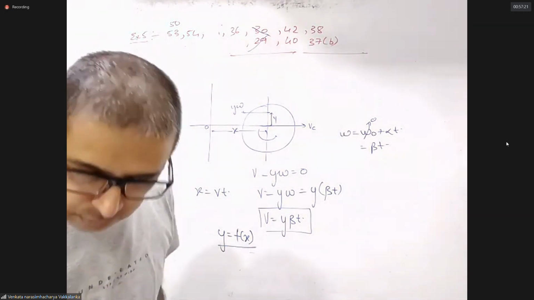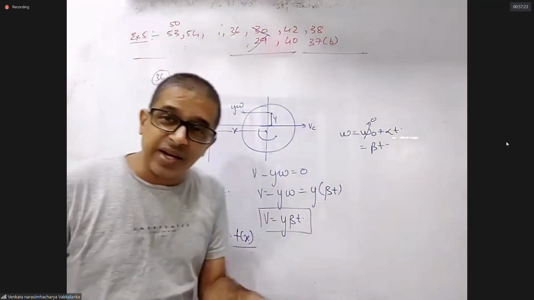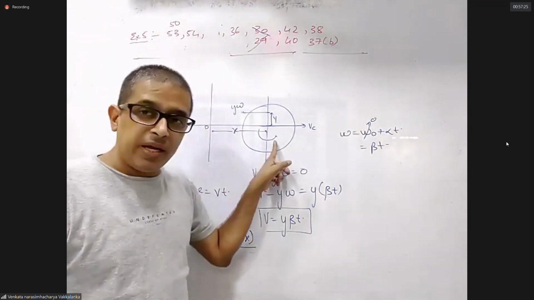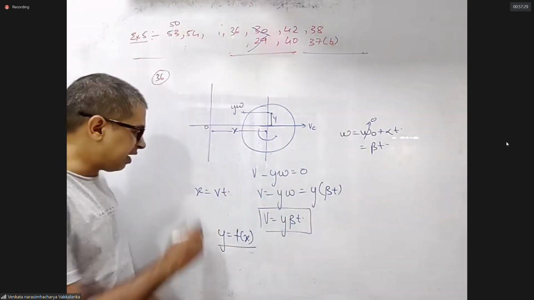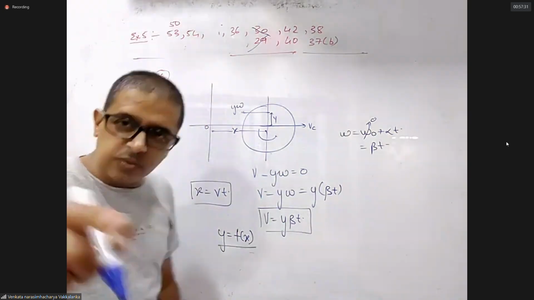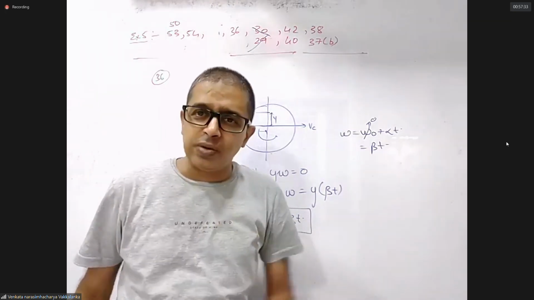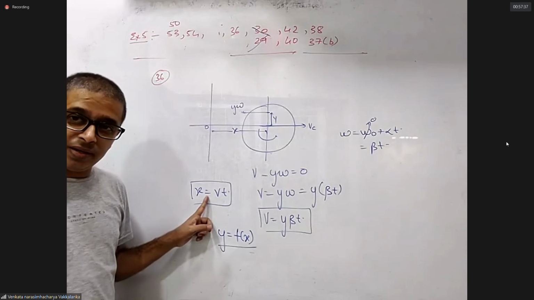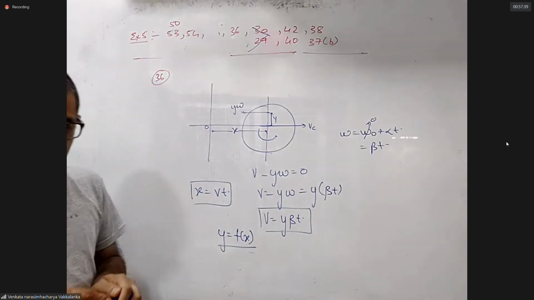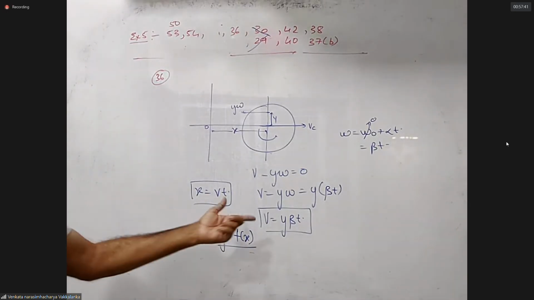Yes, sir. Now for the second bit, he's telling you omega is constant and v is accelerating. ऐसा अगर v is accelerating, how will I get displacement x? Half a t square. x is half a t square in the second bit, while omega is constant.